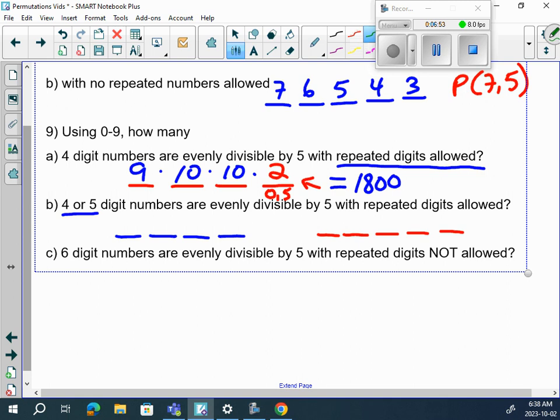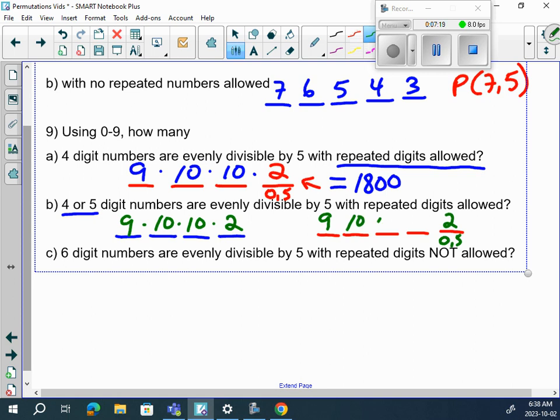So I know there are two possibilities for that last spot. There are 9 out front. So again, 1800 basically there. I can follow the exact same logic for this one though. I can have the 0 or the 5 in that last spot, so two possibilities. My first digit can be anything but the 0.